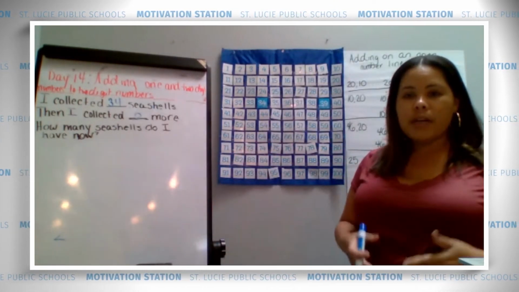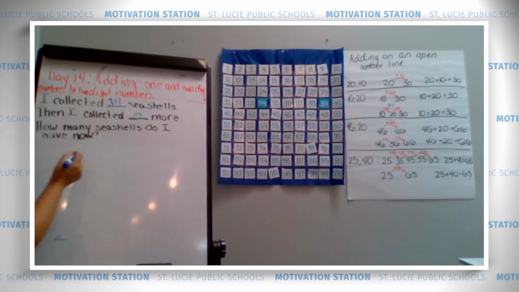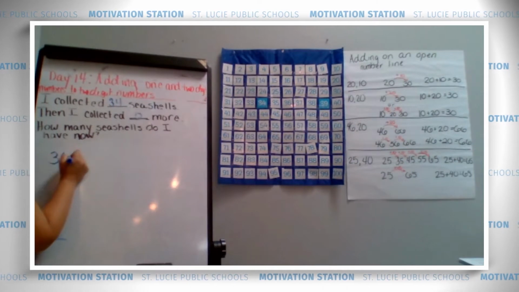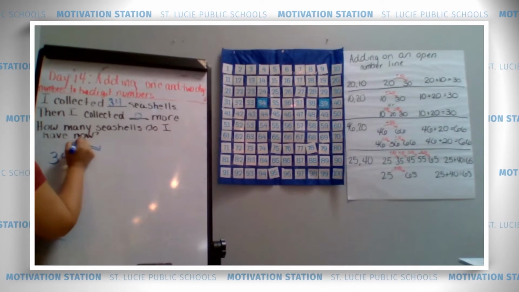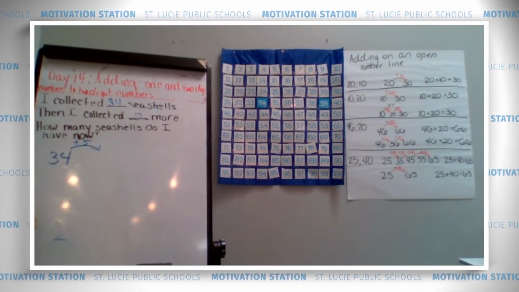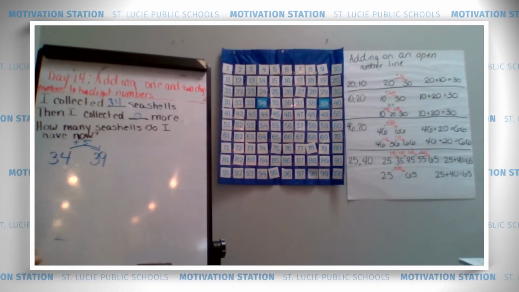Let's use our open number line to model this. We are starting at 34 plus 5. I am going to pop 5. 34 plus 5 is 39.